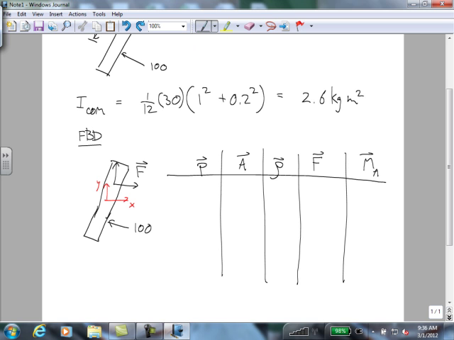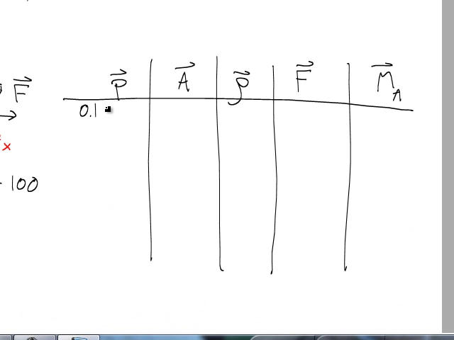Okay, so I'll start with that force F. Its location is 0.125, 0.217. And I'll try not to do this too much because I hope it doesn't confuse things, though.